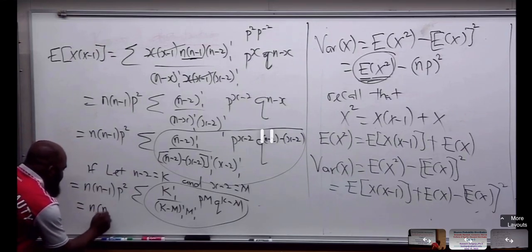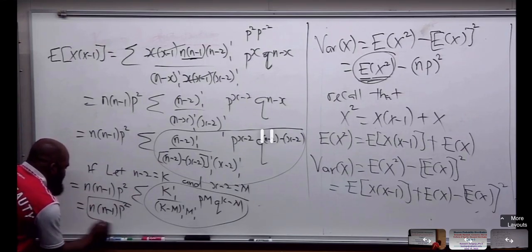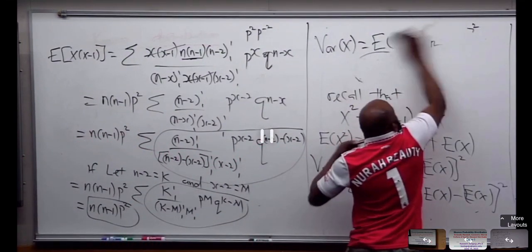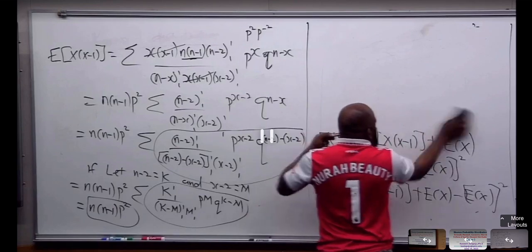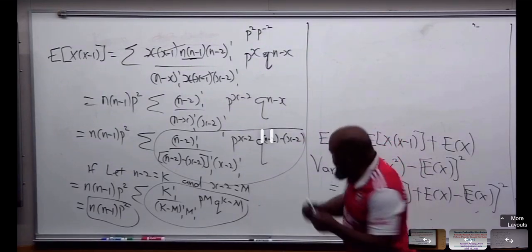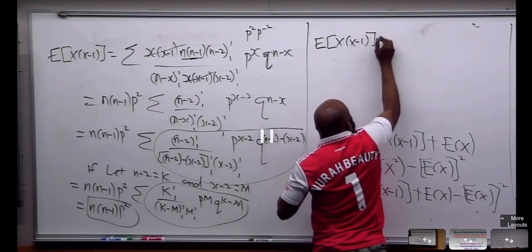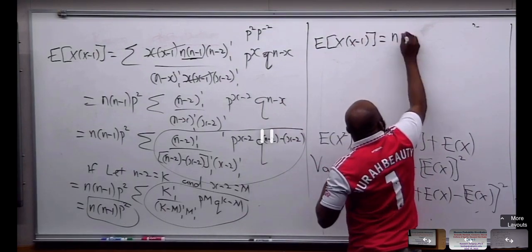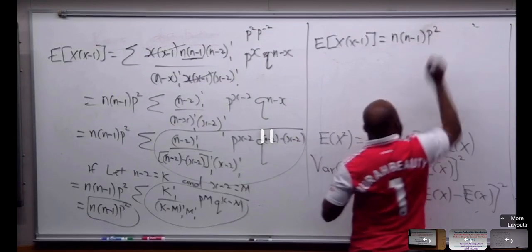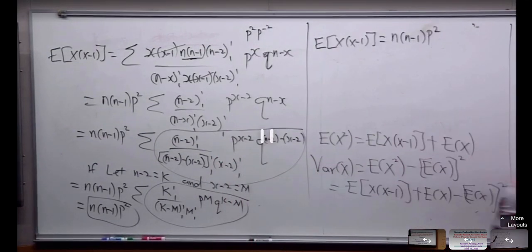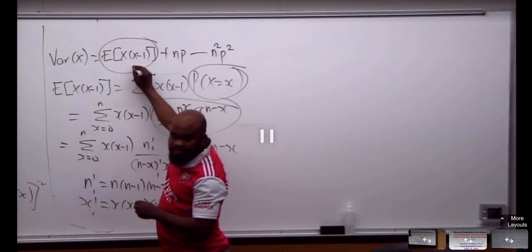So this is going to be n into n minus 1 p squared. Okay, now if that guy is there now. Okay, so right now, expectation of X into X minus 1 actually gives n into n minus 1 p squared. Okay, then I can come here now, plug that in.